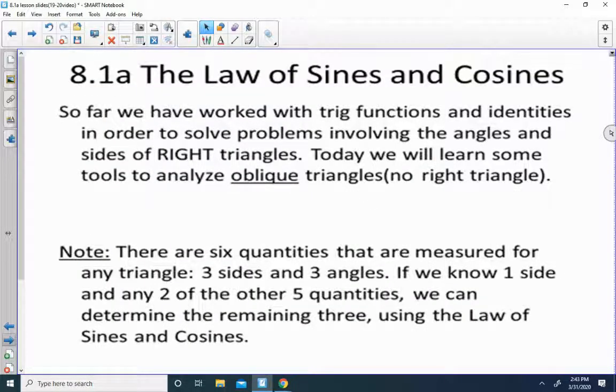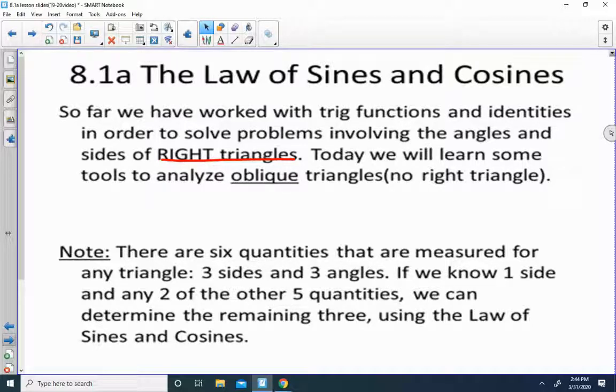So far, we have worked with trig functions and identities in order to solve problems involving the angles and sides of right triangles. So far, that's the only triangle we worked with, was right triangles. Today, we're going to learn about tools to analyze oblique triangles, or just triangles that don't have a 90-degree angle.